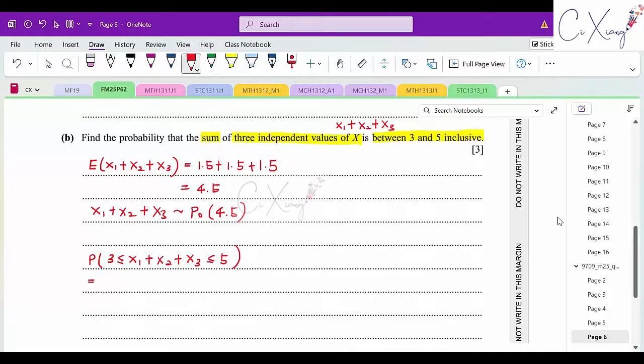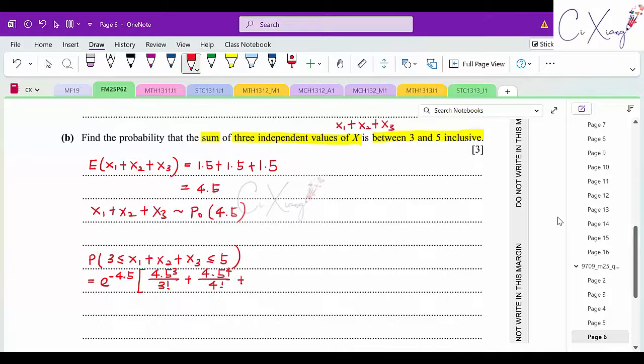If the sum of all the 3 x equals 3, then the formula is e to the negative lambda, where lambda is now 4.5, then lambda to the power 3 divided by 3 factorial. Now for the sum equals 4, you have e to the negative lambda, which I already factorized out, then 4.5 to the power 4 divided by 4 factorial.